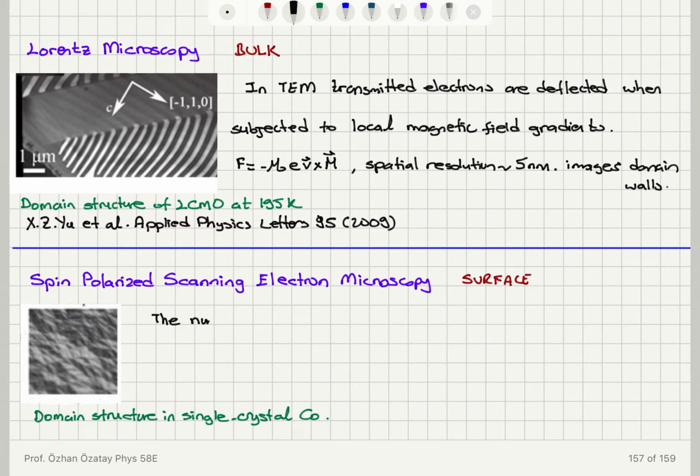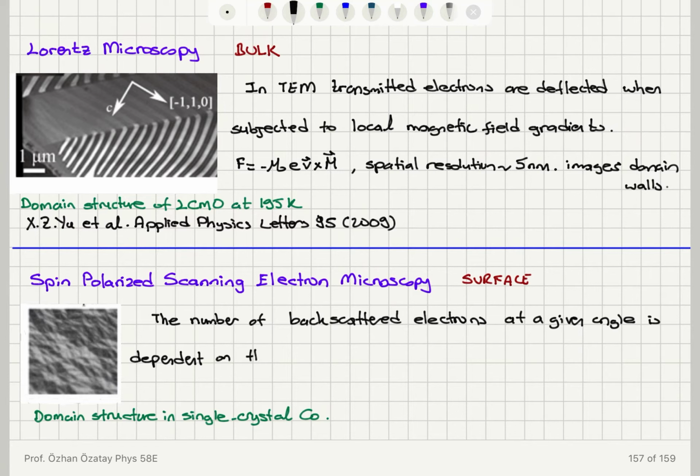The number of backscattered or secondary electrons at a given angle is dependent on the direction of magnetization within a domain.